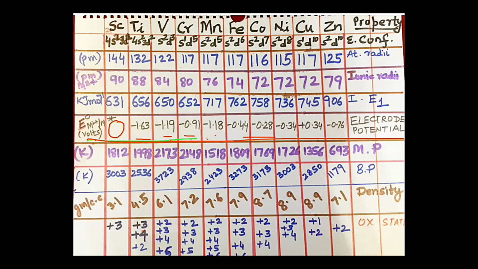Go on further. Something interesting to be seen over here in the case of copper is a positive value of the reduction potential, right? That means it has more tendency to stay in the form of a metal rather than convert itself into an ion.